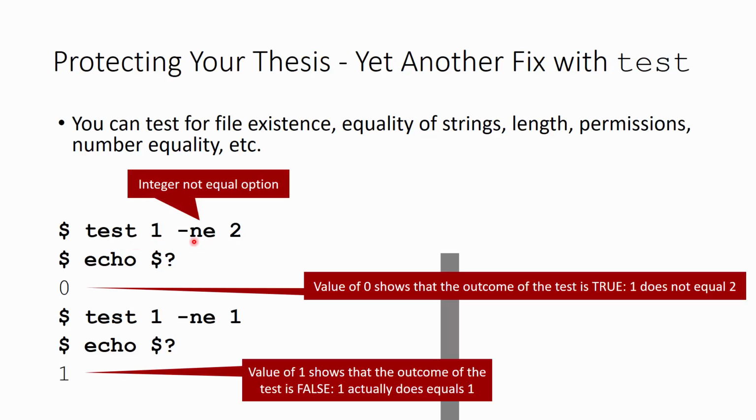I'm going to do it with an integer not equal to 2. So this is saying that as long as 1 is not equal to 2, then return successfully. I query the result of that, and the result is 0, meaning that is a true statement. 1 is not equal to 2. If I run it with 1 not equal to 1, it tells me that's false, because 1 is, of course, equal to 1.